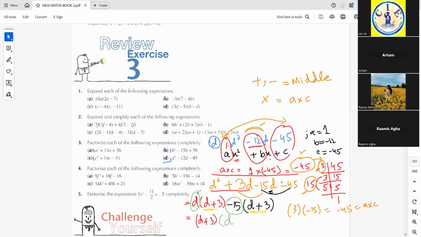So D from this one and negative 15. So now you see these three terms, which were originally written as a sum or difference, now we have got them written in the form of a product. So that means our factorization has been done. So that is the final answer.